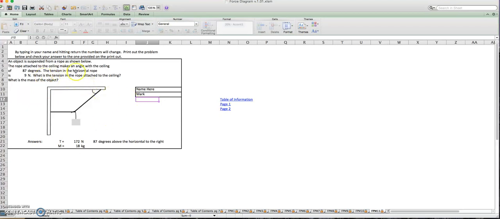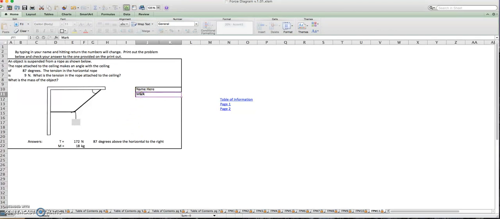But basically what they should probably do is print out this page, work the problem out, drawing the force diagram and solving it, and see if they get a tension of 172 newtons and a mass of 18 kilograms. And of course, here's the angle. If they don't, then they should maybe check in with you, get some extra help.